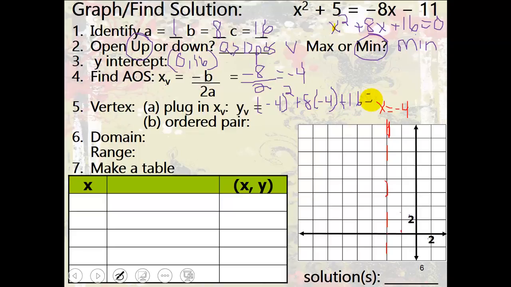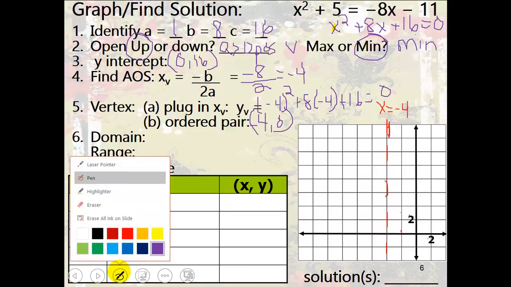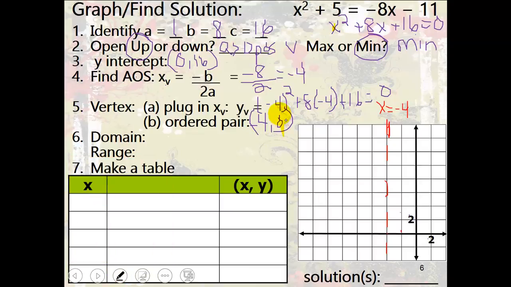And when you do that calculation, this becomes +16 plus 16 is 32, and this is -32, so I get 0. So I get the point (-4, 0). That's my vertex. All right, and notice what my y value is. I have found my solution because the y-coordinate is 0.